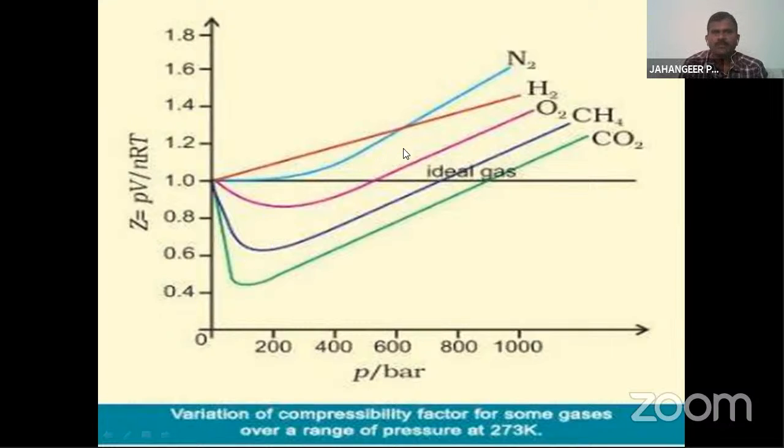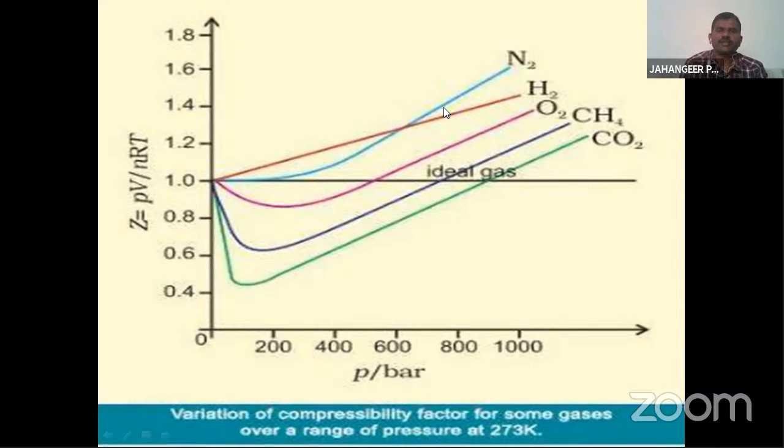Some of the gas curves are obtained above the ideal gas line. So what are these gases? Nitrogen and hydrogen, especially hydrogen gas here. Hydrogen and nitrogen gases are above the ideal gas line, which means their compressibility factor is greater than 1, while the other gases have values less than 1.